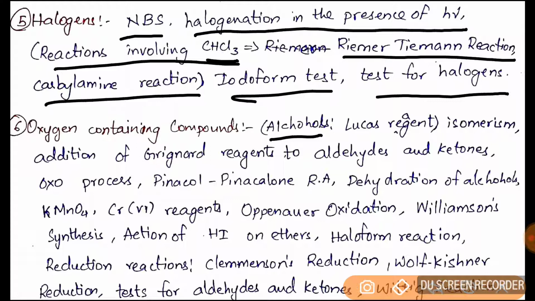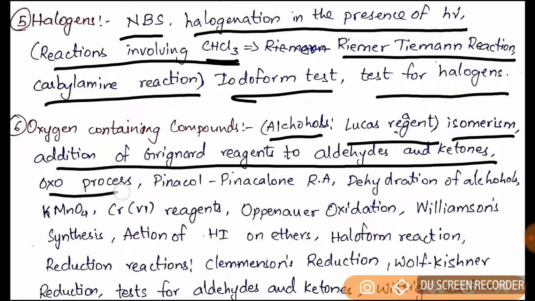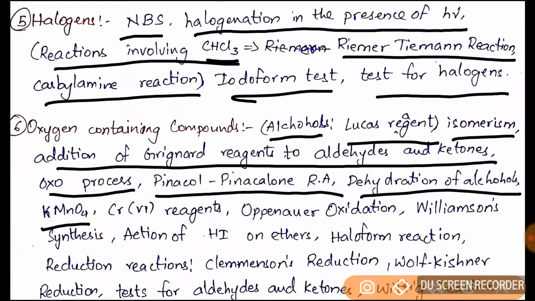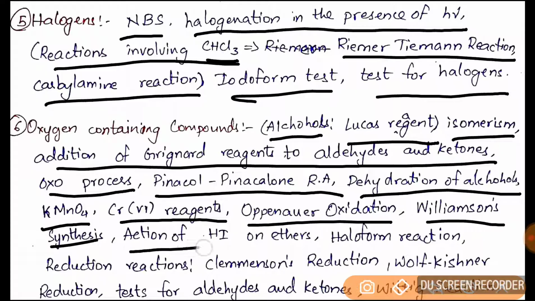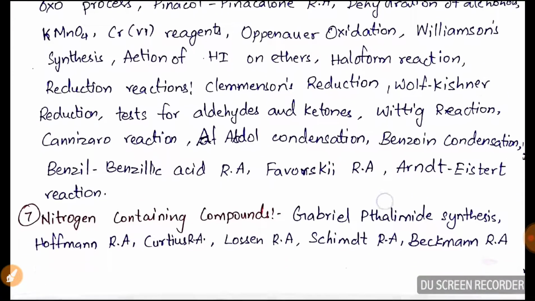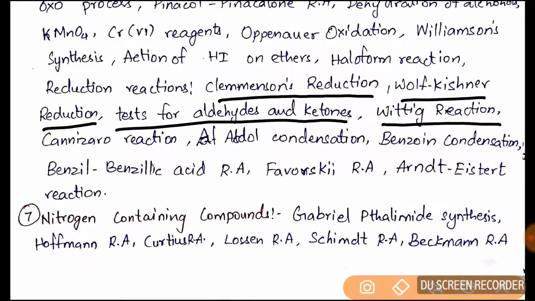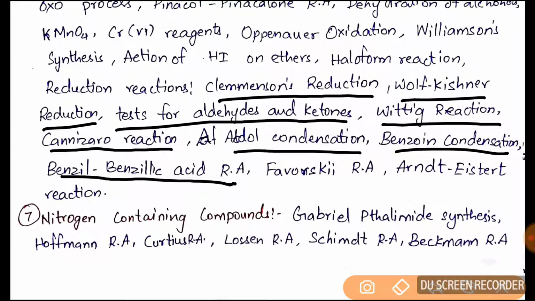So in alcohols, the test for alcohols is with the help of Lucas reagent and isomerism, addition of Grignard reagent to aldehydes and ketones, oxo process, pinacol-pinacolone rearrangement, dehydration of alcohols, potassium permanganate, hydroxylations, and chromium-6 reagents, Oppenauer oxidation, Williamson synthesis, action of hydrogen iodide on ethers, haloform reaction, reduction reactions, that is Clemmensen and Wolff-Kishner reductions, test for aldehydes and ketones, Wittig reaction, Cannizzaro reaction, aldol condensation, benzoin condensation, benzil-benzilic acid rearrangement, Favorskii rearrangement, and Elbs reaction or rearrangement.